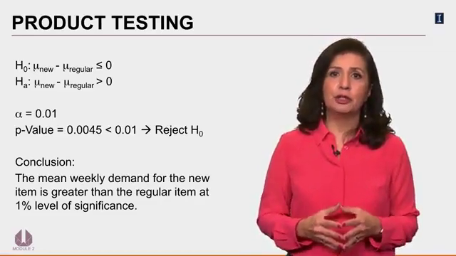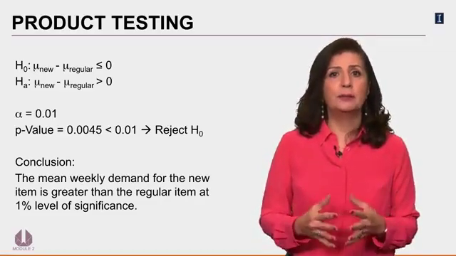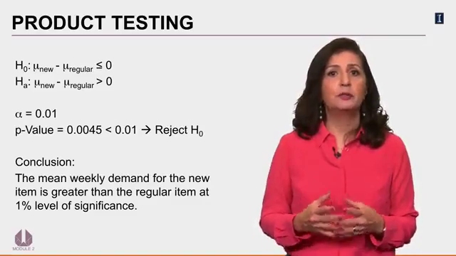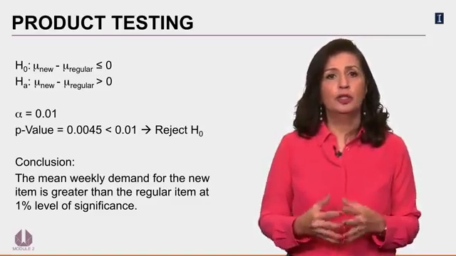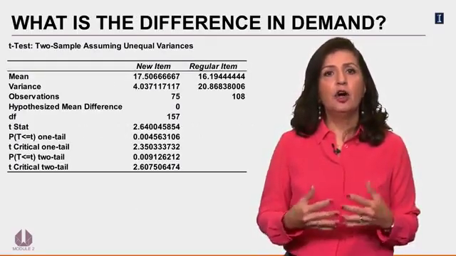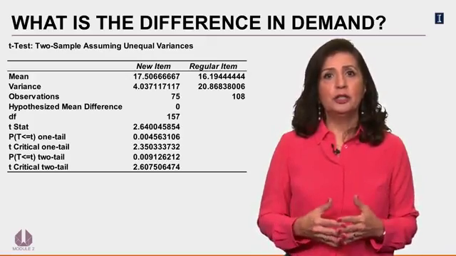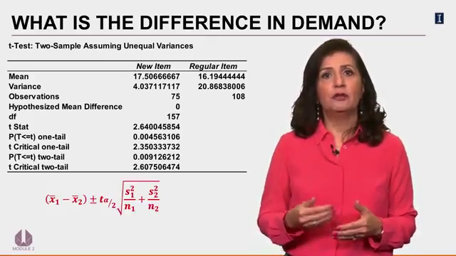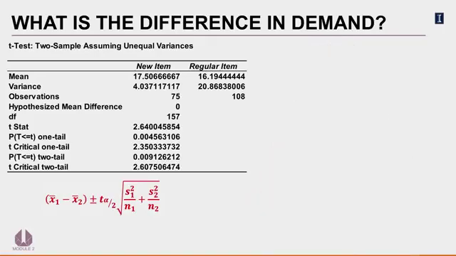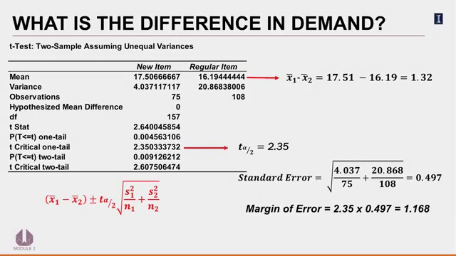Management is happy to hear this, but they want to know what is the expected difference between these two items before going nationwide with the new item. Given our results and the equation for the confidence interval of the differences between the two populations, we can find our answer.